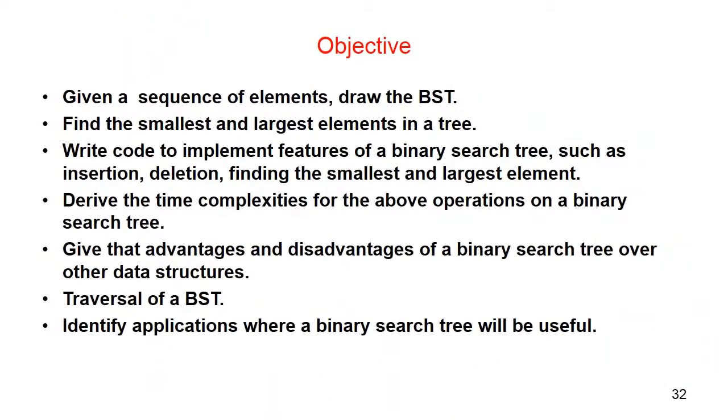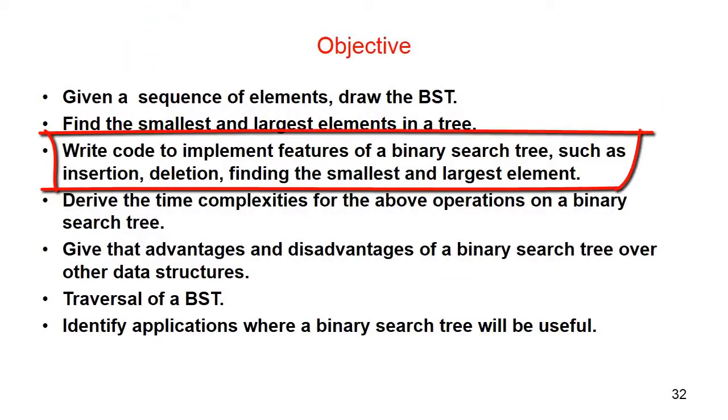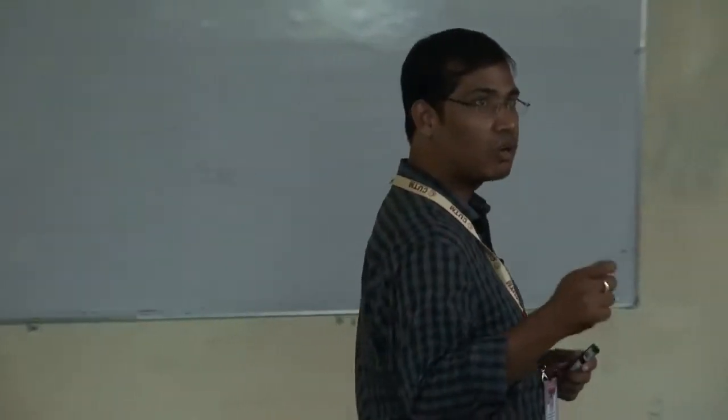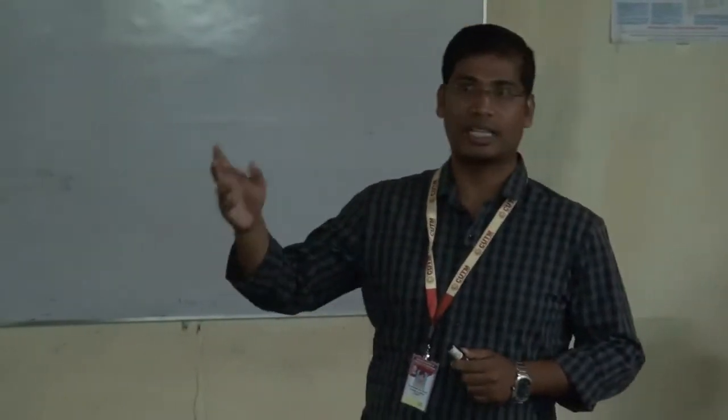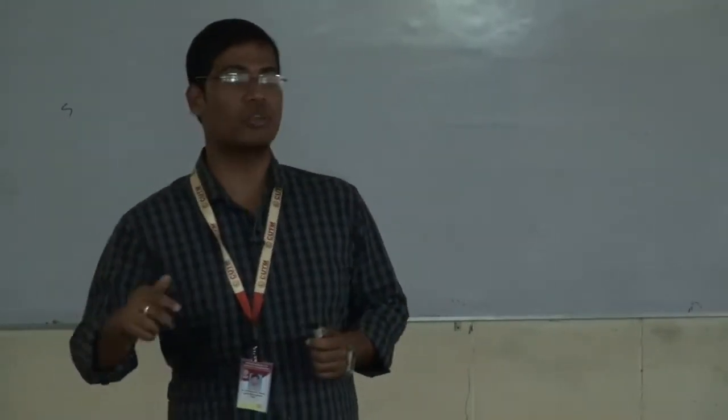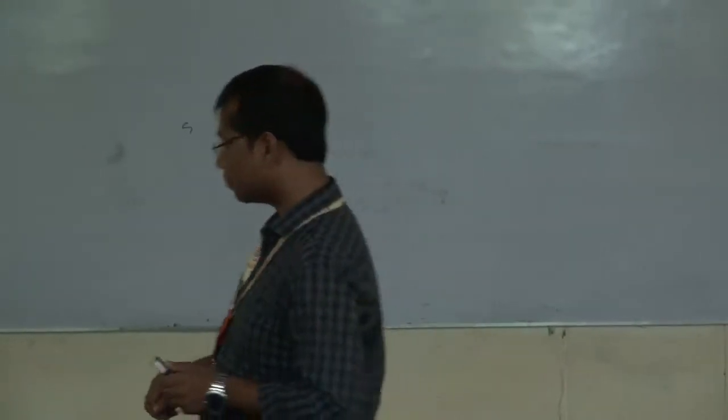Again, of course, the entire procedure you can convert into code. That means you can write C language code for all the operations. That means for insertion you can write code, for deletion, for finding maximum and finding minimum. Once the concept is over, you can implement all the procedures, or convert the same concept to code. You can write C code easily.